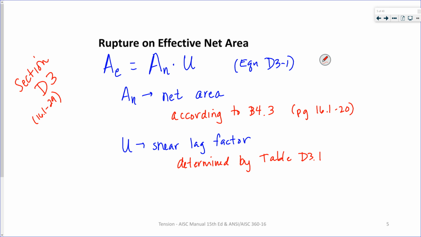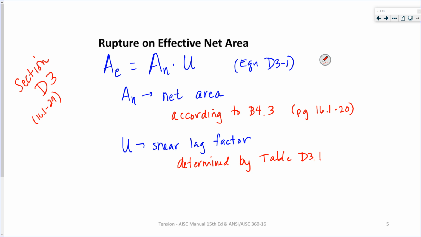The width of the bolt hole shall be taken as 1/16 greater than the nominal dimension of the hole. And then it also talks about a chain of holes that are zigzagged, that are staggered, where we're going to add the quantity s squared over 4g.